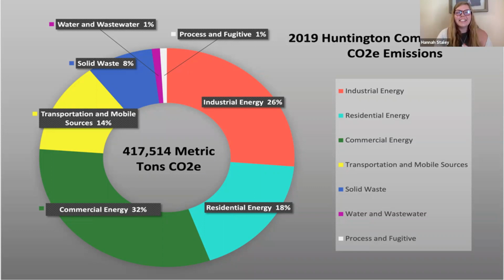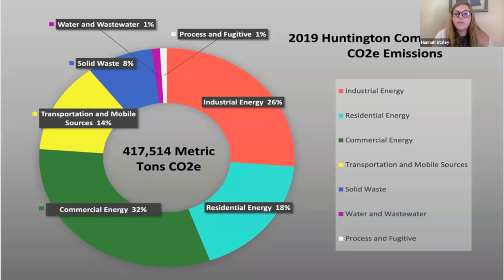So Huntington is a smaller town, and being in Indiana, it is a small fish in a big pond, but they do make a huge difference. And any way that you can reduce greenhouse gas emissions counts towards climate change mitigation.